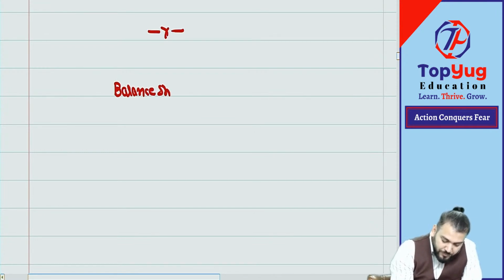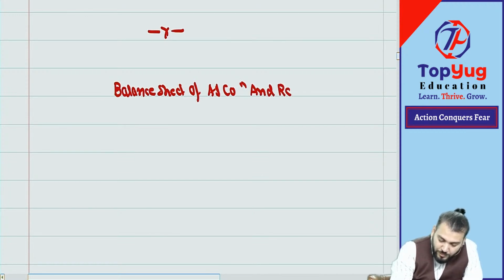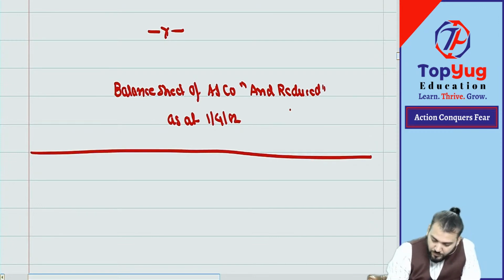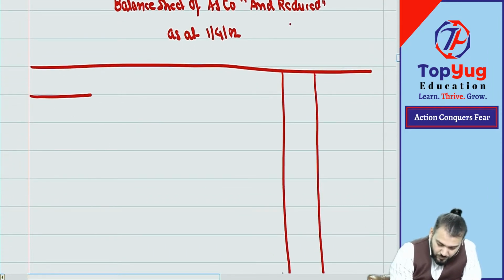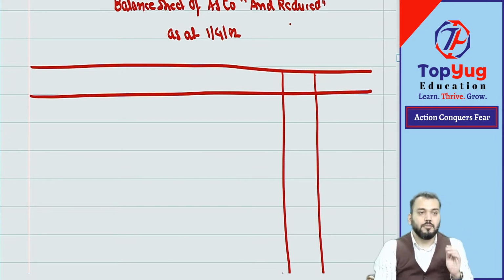So balance sheet of which company? It is A and company. What do you write on it? Reduced. As at which date? The date was given: 1/4/2002. Can we start?